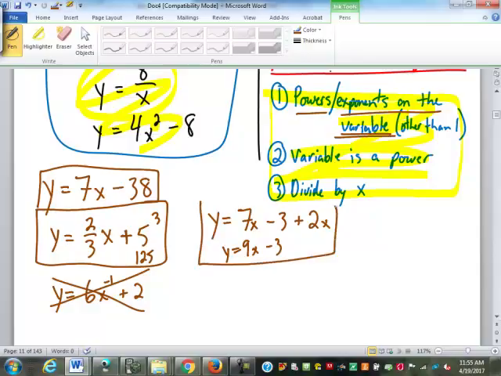So yes, that will be a line. How about this one? No, because we got 7 divided by x there. That cannot be a line because we divided by x.